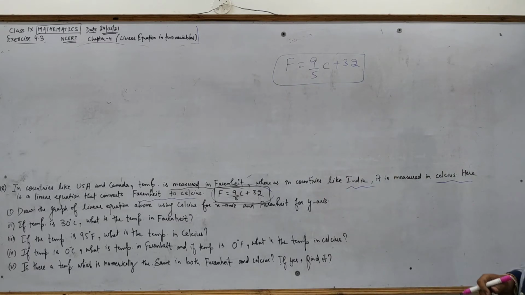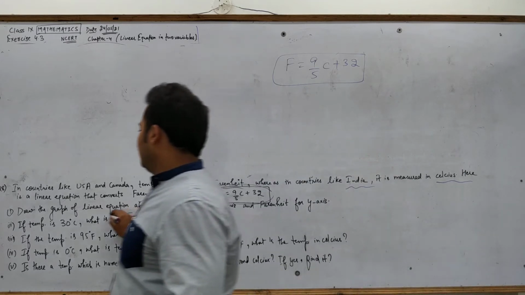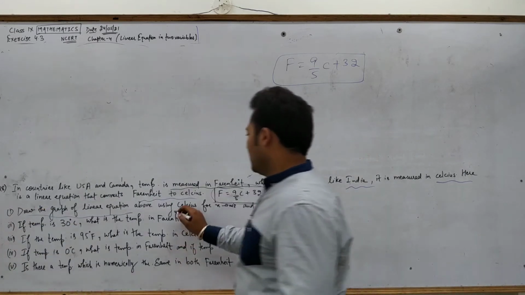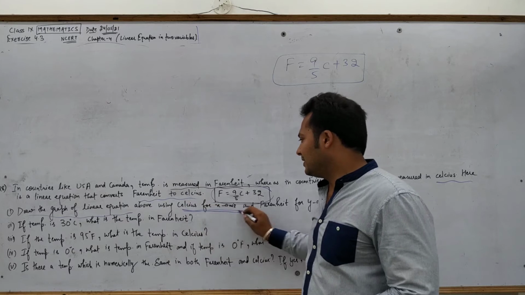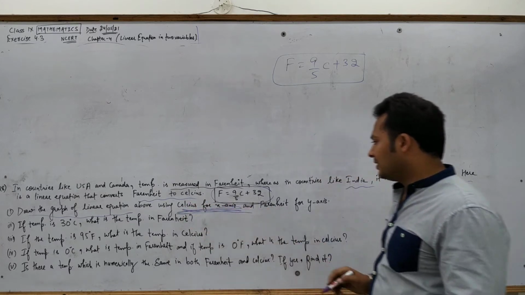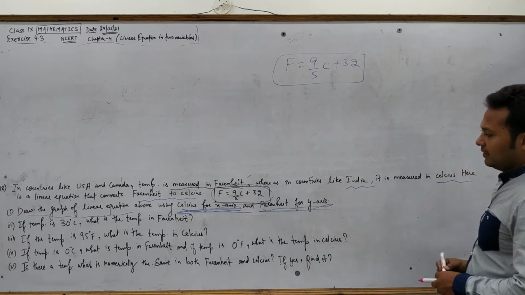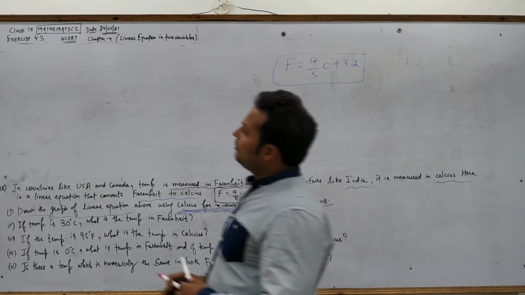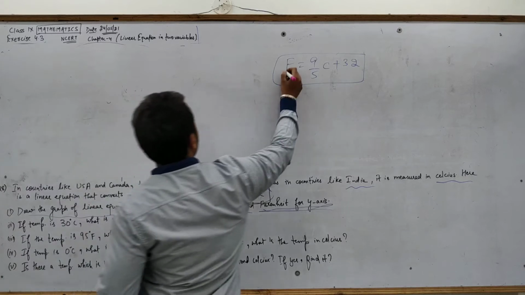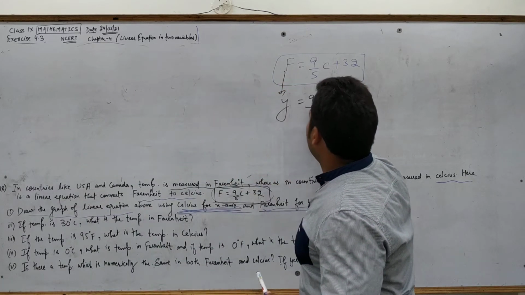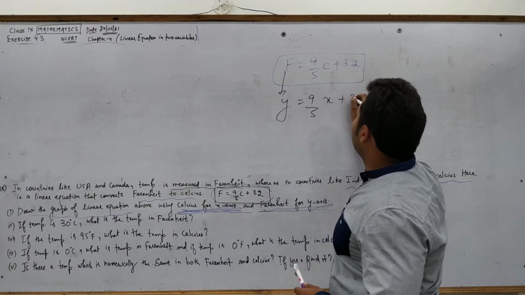First of all, we are to draw the graph of this linear equation. For Celsius we will take the x-axis and Fahrenheit we will take the y-axis. So take Fahrenheit as y and Celsius as x.